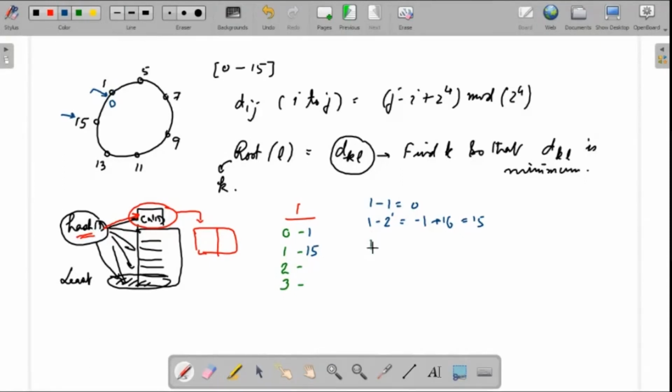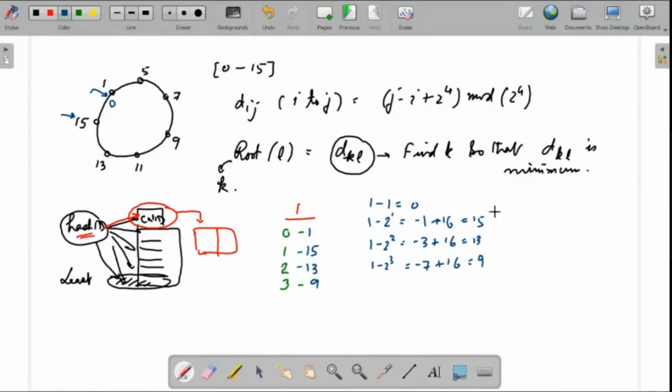Similarly, 1 minus 2 square will be minus 3, and minus 3 plus 16 will give me 13. So I will have entry 13 here. And similarly for 3, 1 minus 2 cube, which is minus 7 plus 16, will come out to be 9. So this is what your entries for node 1 will be.